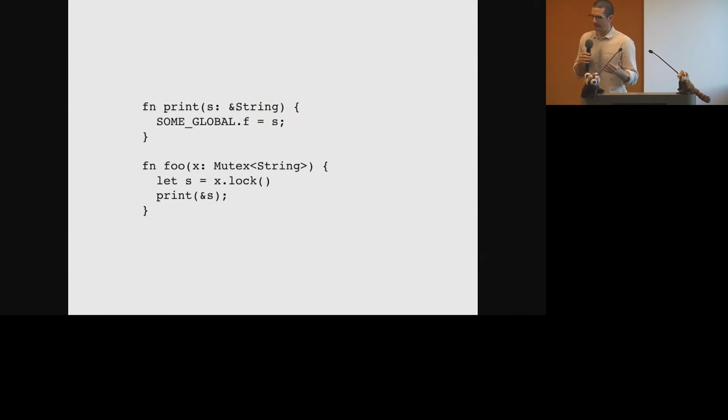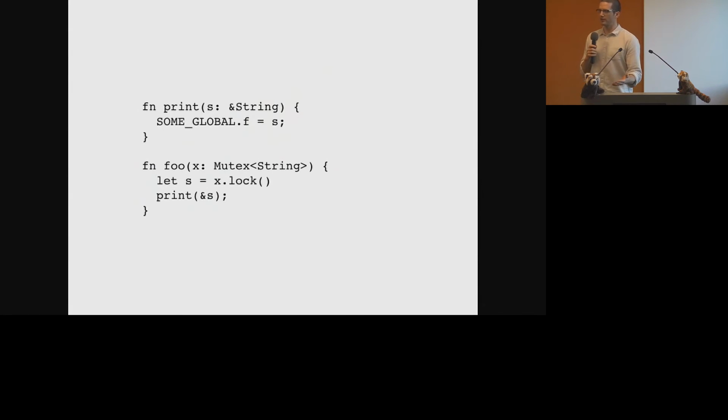But again, if you're a seasoned C programmer, you're probably shaking in fear here, because what stops you taking this reference to a string? Look at this print method: you have no idea that it's come out of a mutex, right? If you're this client and this print function, you don't know what you can and can't do with that. So what's to stop you storing this string into some global object?